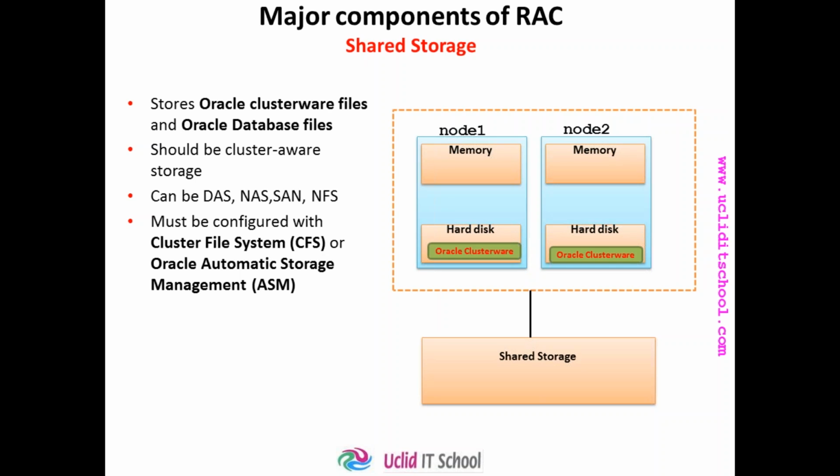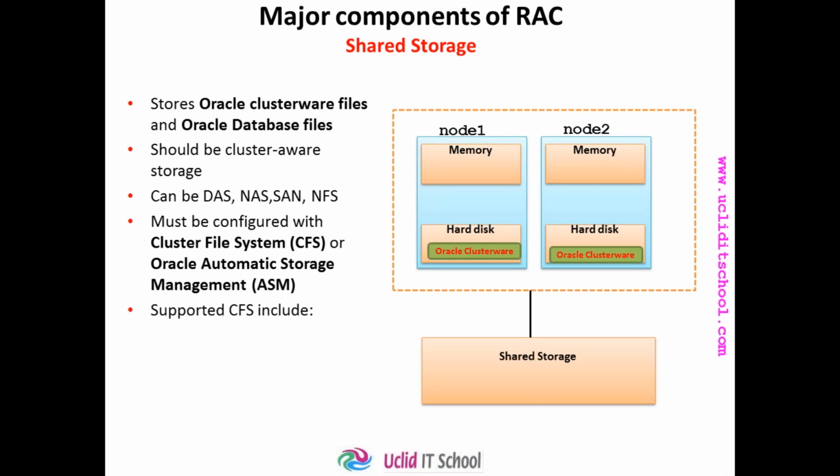So to allow that concurrent access from multiple servers, you need a cluster file system. And Oracle also has its own cluster file system in the form of Oracle ASM. So you can use CFS or ASM. Of course, ASM is the most commonly used file system for shared storage. In this course also, we will be using ASM.